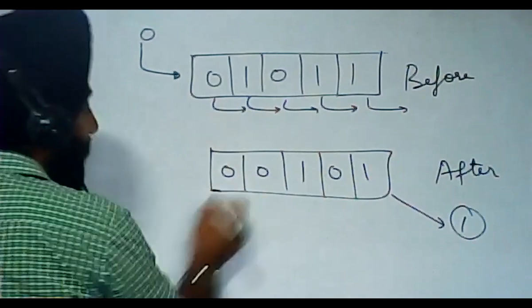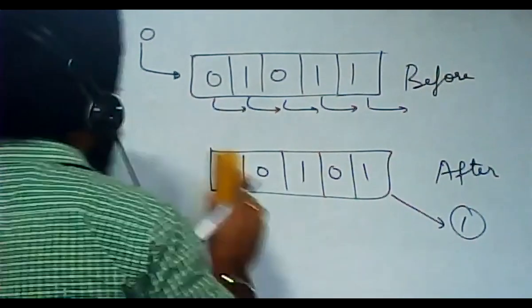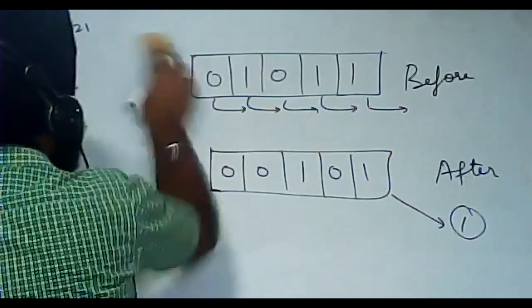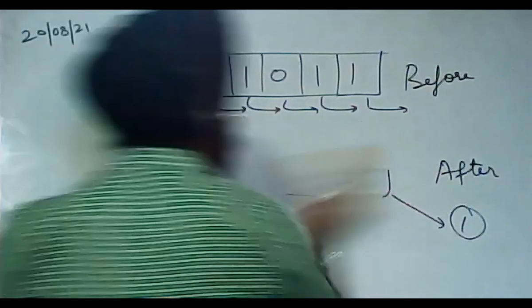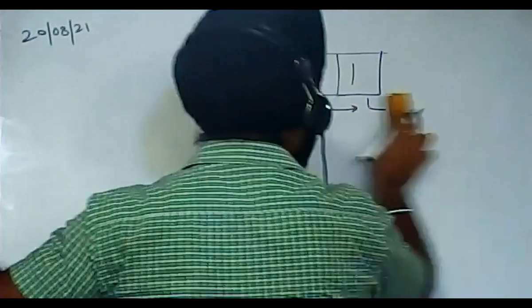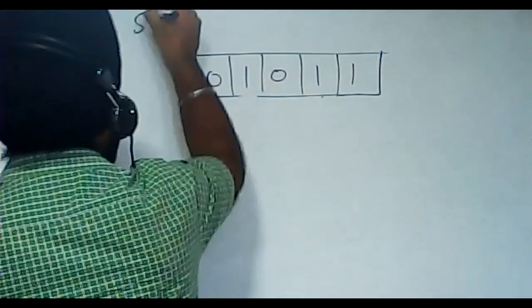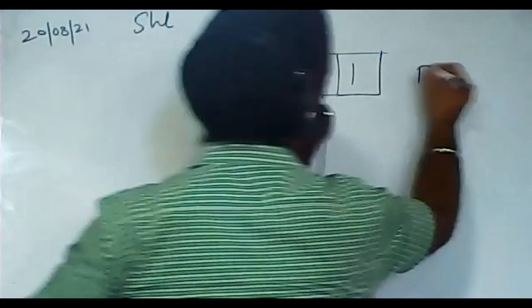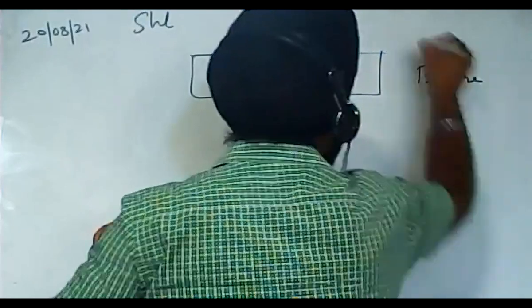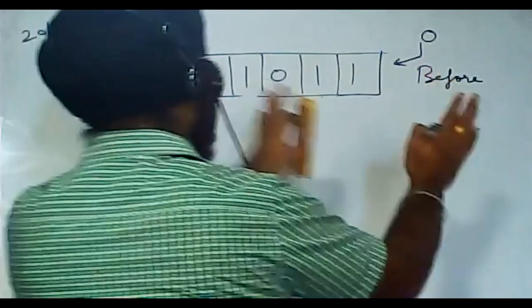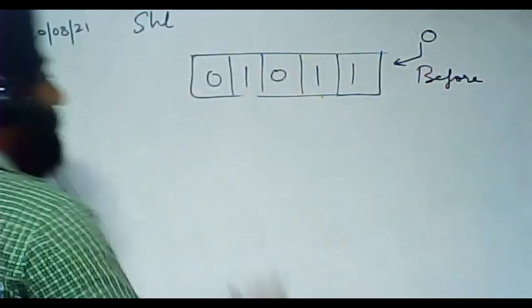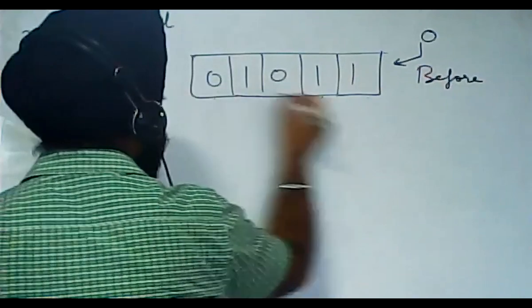Similarly, if you need to perform left shift, SHL, SHL means this before. Now this time a 0 will be inserted from the right hand side and all the other bit values will be shifted to the left position.